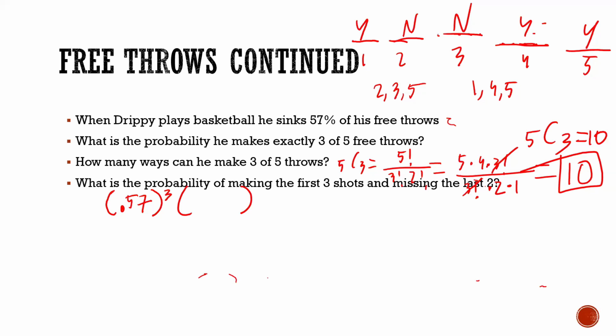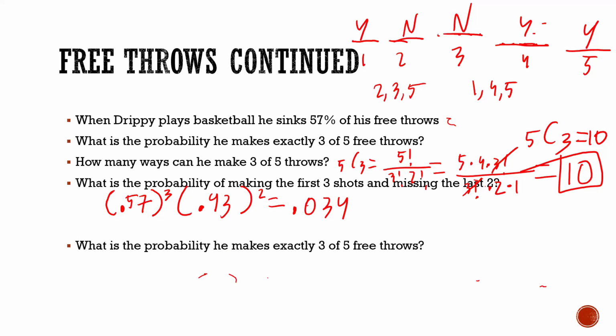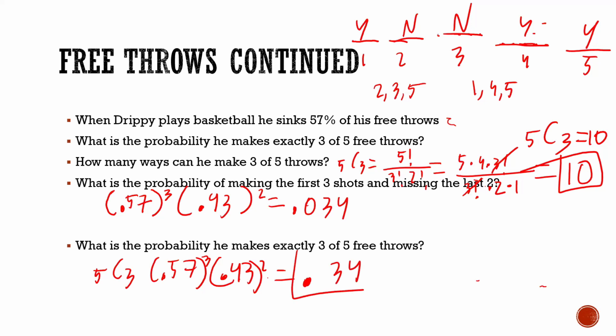And if I make 3, I must be missing 2. So the probability of making them exactly in that order is about 3.4%, but there are 10 different ways, each of those ways having a 3.4%. So that's 10 times that, so that's roughly 34%. So notice, we can kind of generalize this.